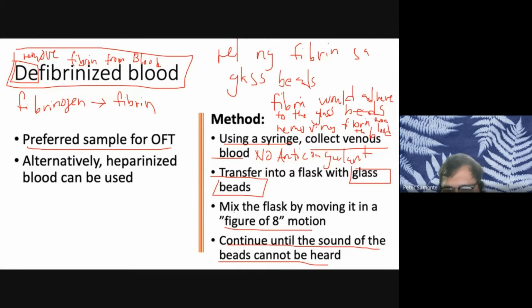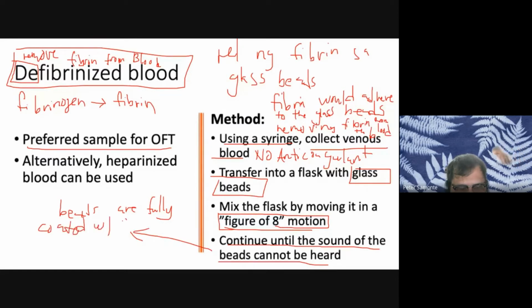And you have to do it in a figure of 8 motion to be accurate on the removal of fibrin. The reason why you have to wait until the sound of the beads cannot be heard is because this is the time that the beads are fully coated with fibrin.